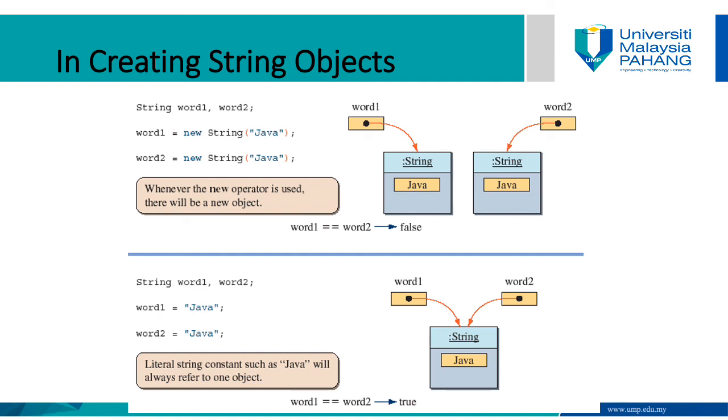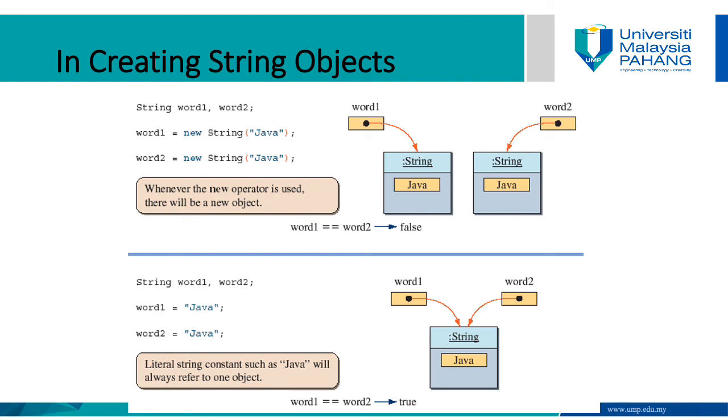So you can see the difference. In the first example here, there will be two objects. One is word1 to the first Java, and the second is word2 to another object named Java, the same name.